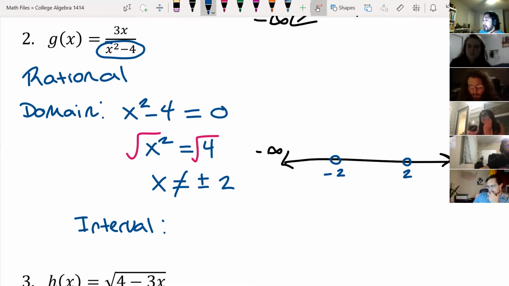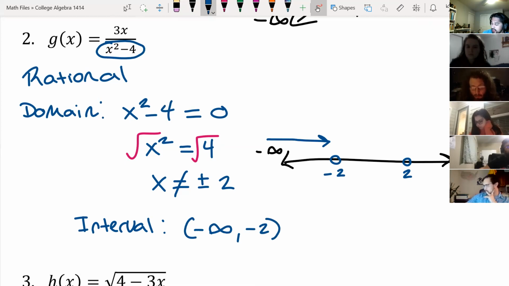If I want to start my interval notation of the domain, what number am I going to start at? Negative infinity. I come up the number line and I have to stop at what number? Negative 2. And then I will union the next set of numbers I can use. Where do I begin? At negative 2.